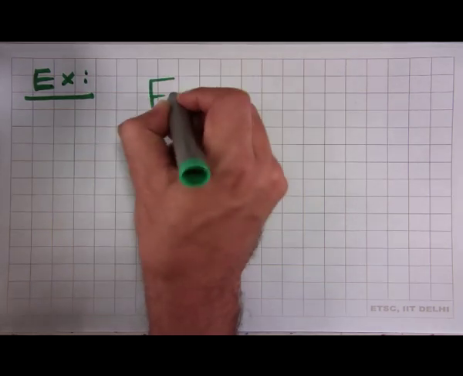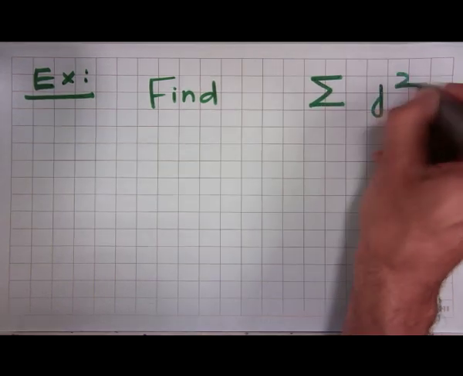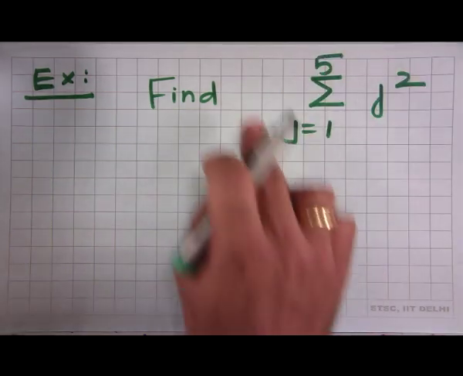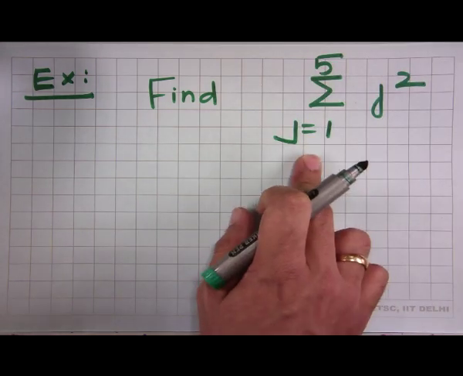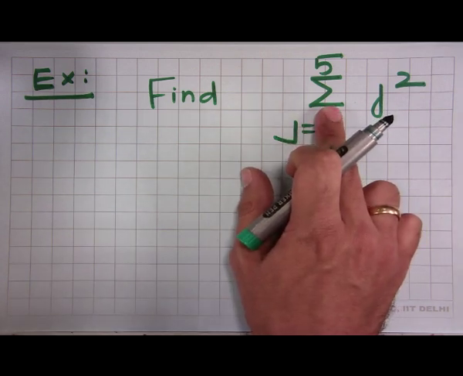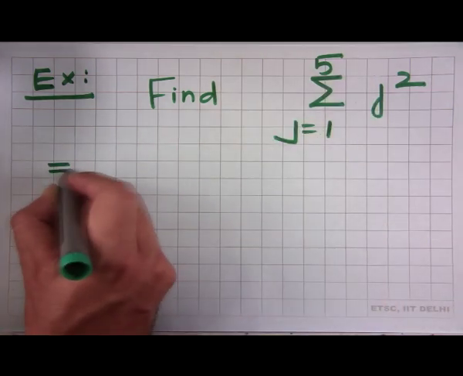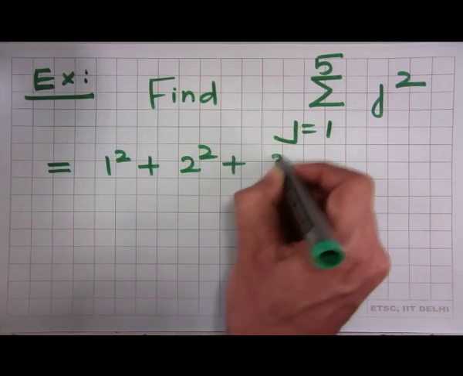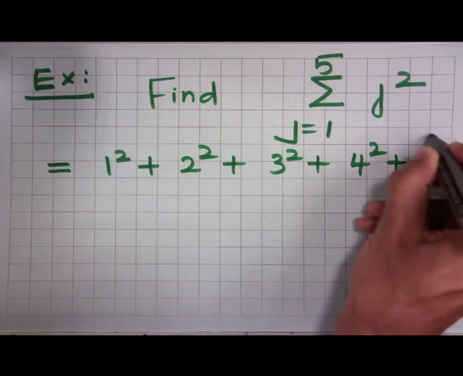Find summation j square, j equal to 1 to 5. Recall that this is a summation expressed in a compact fashion using the Greek letter sigma, and what this stands for is 1 square plus 2 square plus 3 square plus 4 square plus 5 square.